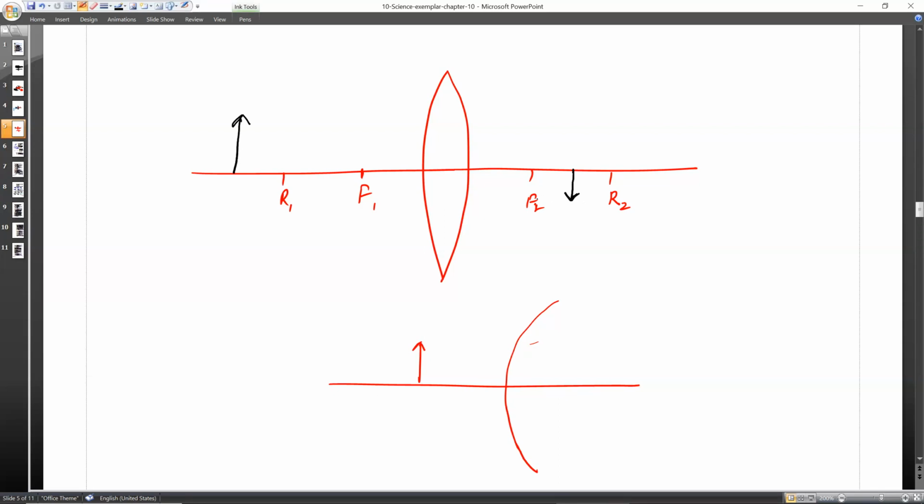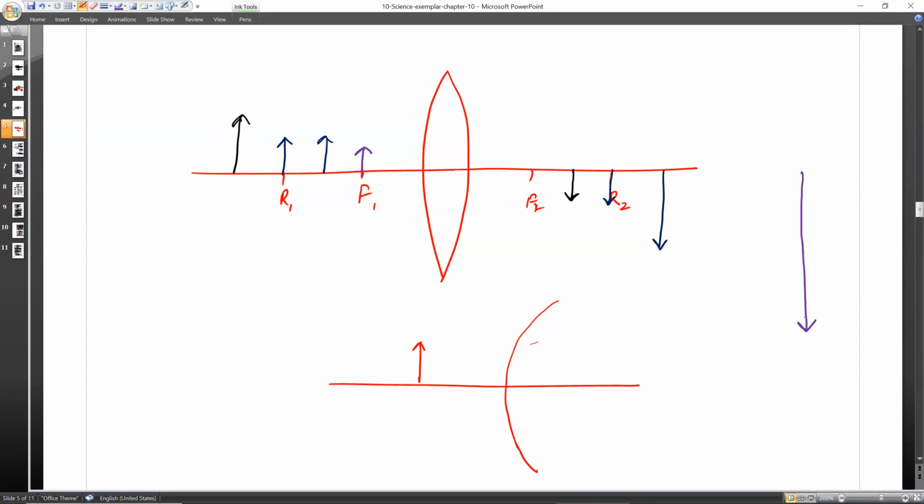If the object is exactly at R, then the image would be formed exactly at R. As we come closer, between R and F, the image will go away and become enlarged. If you put the object exactly at focus, then the image will be formed very large, and it will be at infinity.